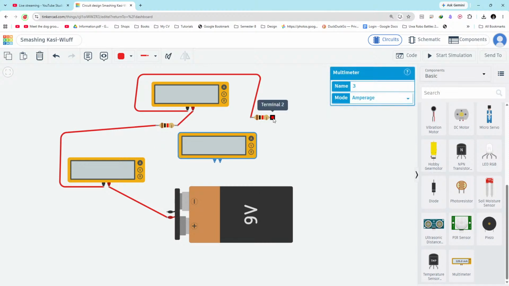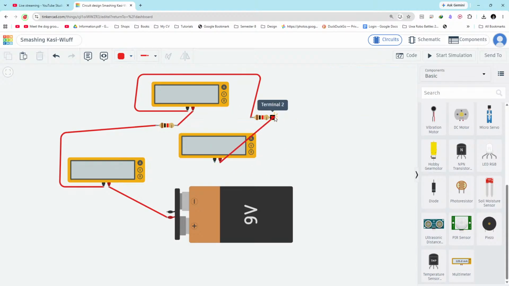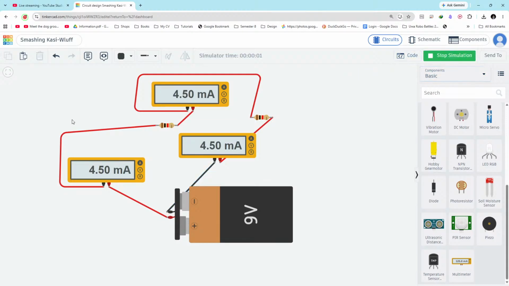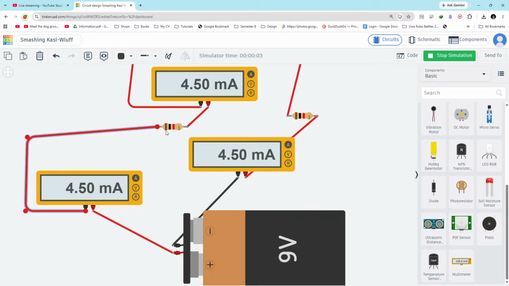So the current leaves this node, and it should enter the positive terminal. So that's why we will make this connection, and to leave this ammeter through the black lead. And just to make it clear, let's put this one as black. Okay, and now you should see the same value on all the 3 ammeters. Can you see?